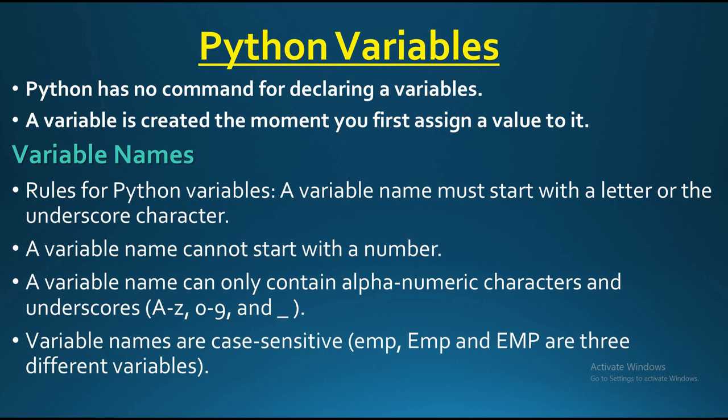A variable name must start with a letter or the underscore character. A variable name cannot start with a number. A variable name can only contain alphanumeric characters and underscores, like A to Z, 0 to 9, and underscore.